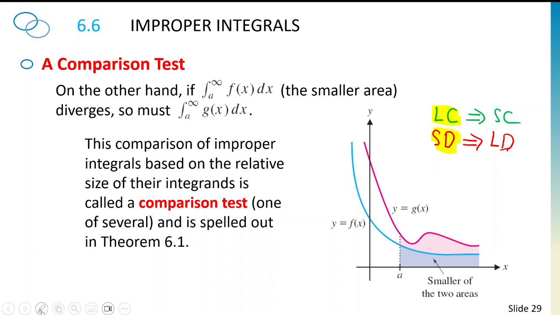This is important, just to think about the non-useful cases. If I know that the big one is divergent, the big one goes nowhere, does it necessarily mean that the smaller one is divergent? No, it means nothing. This one gives no conclusion. It doesn't mean that the smaller one is divergent or convergent.